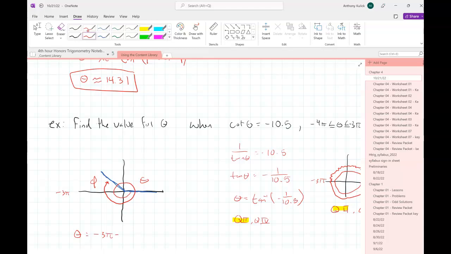So I should be subtracting phi past it, right? Theta is more negative than negative 3 pi because it goes past it. But they're negative numbers, so it actually means it's smaller. That's why we're subtracting. Okay.